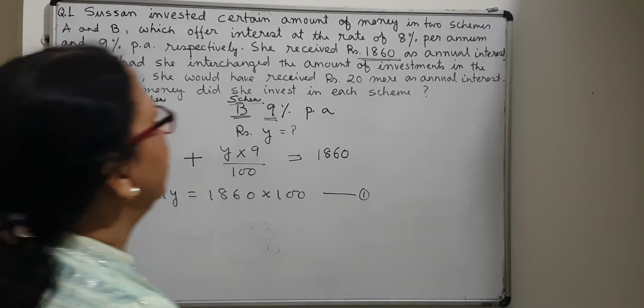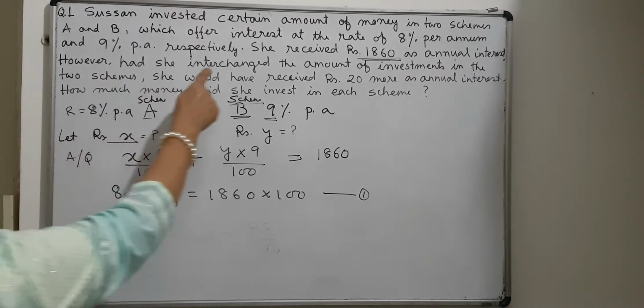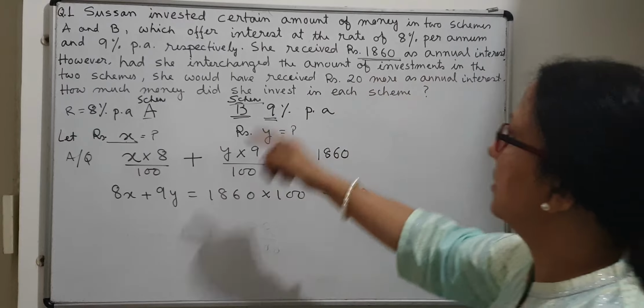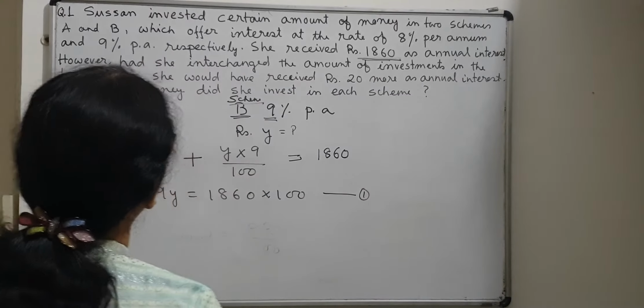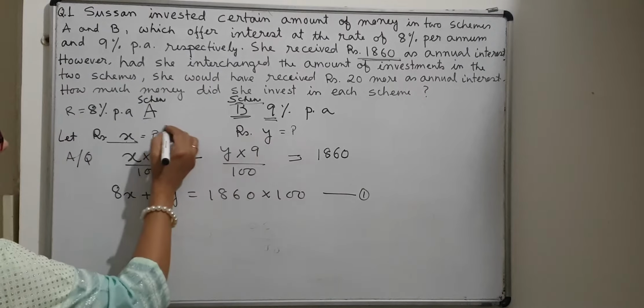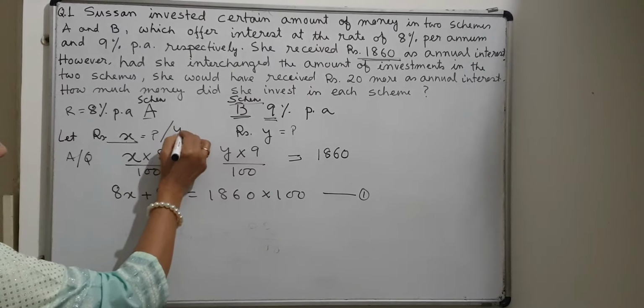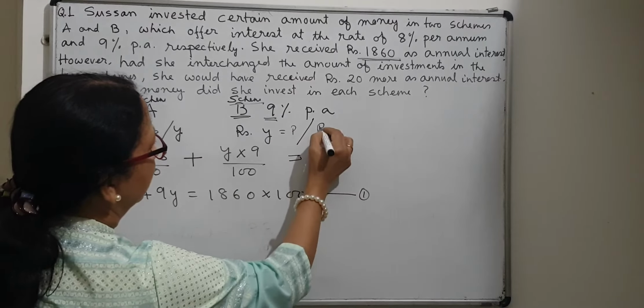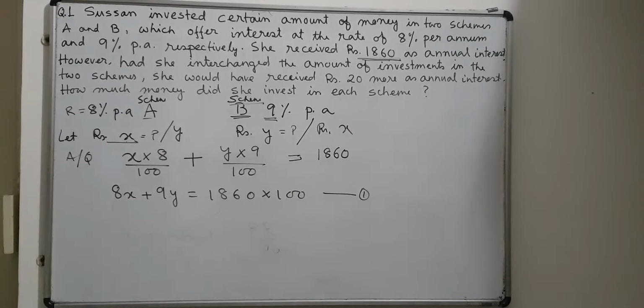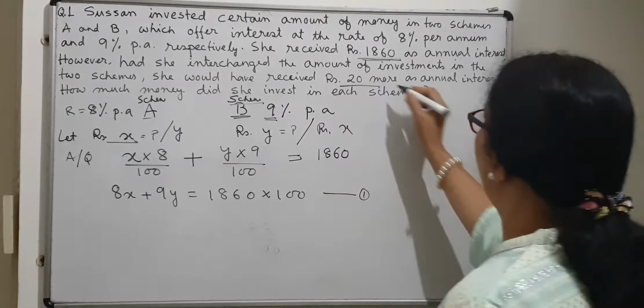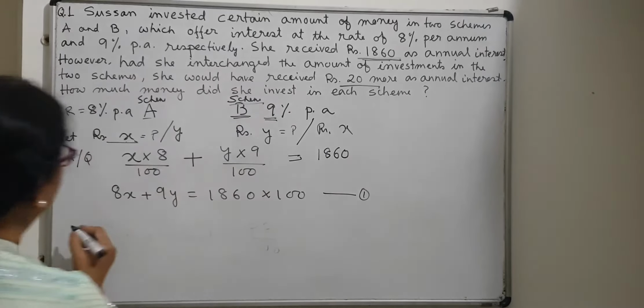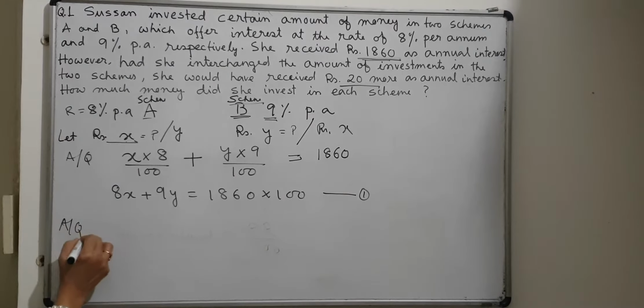Then, however, what happens if she had interchanged the amounts of investment in the two schemes? That is, when she interchanges, Y will come here and X here. Interchange the investment, then what will happen? Then she will receive rupees 20 more as annual interest. So let me write it according to the question.